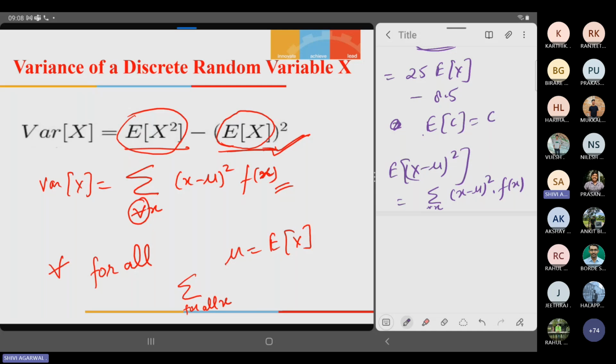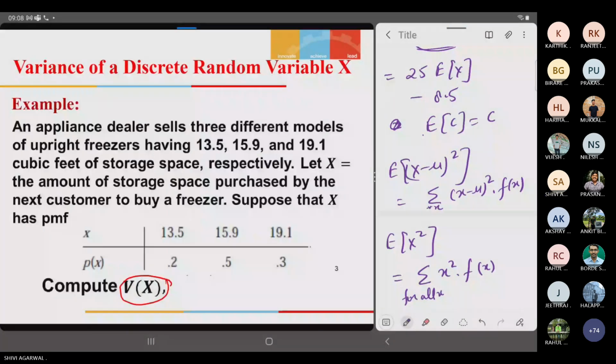Expected value of x square you have done already. That is summation x square multiplied by f(x), for all possible values of x. We have to take the summation here. So the variance of x we have to compute.